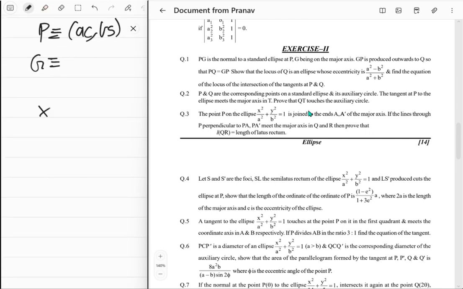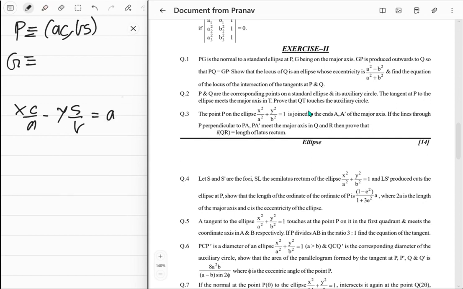So you've got x cosine theta upon a minus y sine theta upon b is equal to a squared e squared, right? Oh wait, is this correct? No, it's supposed to be x a upon cosine theta, and then y b upon sine theta.